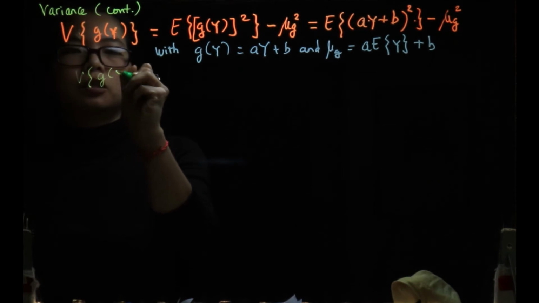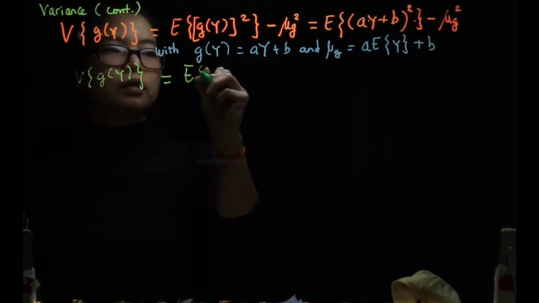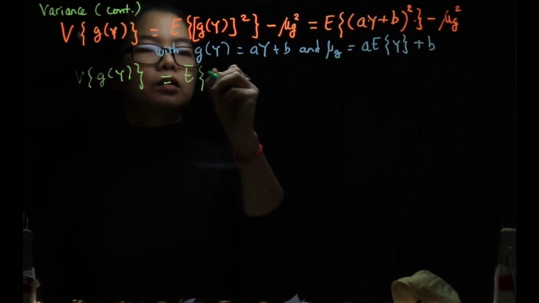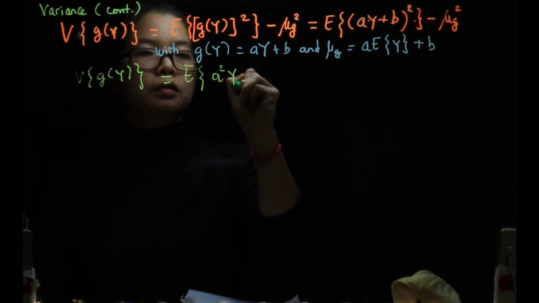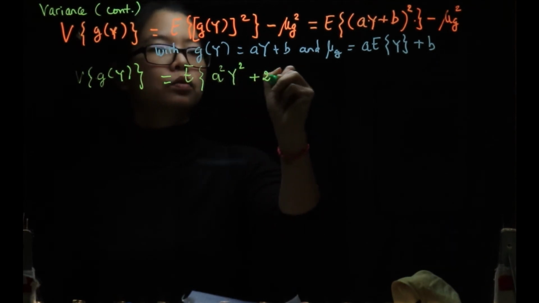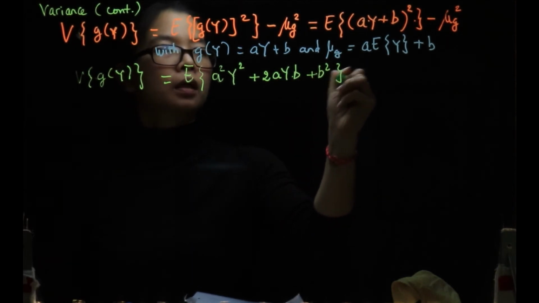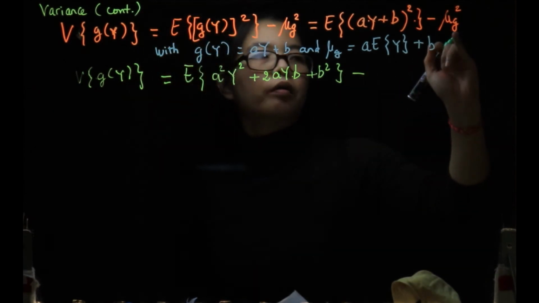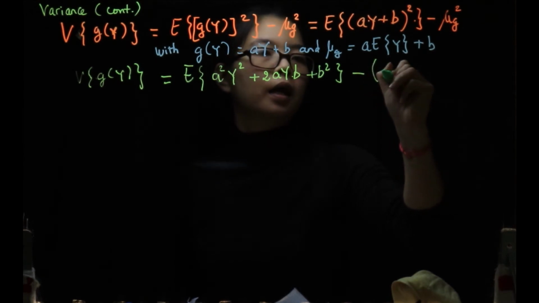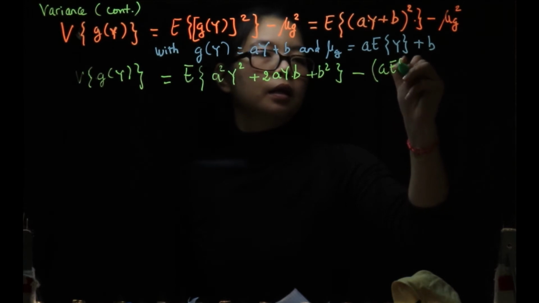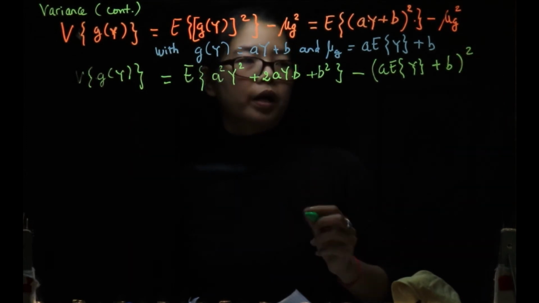So the variance of j(y) equals the expectation of, using the same equality like before, a square times y square, plus 2ay times b plus b square, minus, we could already plug back the mu j here, as a times the expectation of y plus b, everything square.